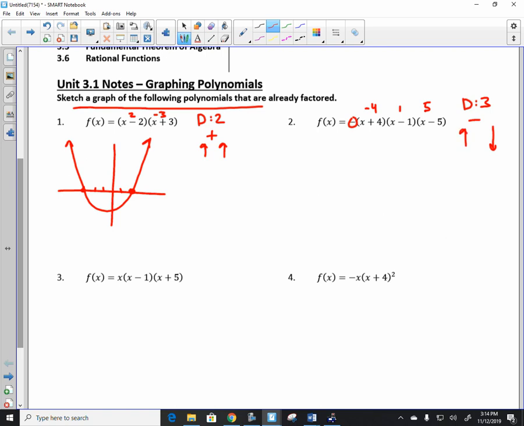So it will start up and it will finish down. And now I can start to generate this type of graph. I'm going to plot 5, plot 1, and start up and finish down. And there you go. That's a rough sketch of that graph for you.